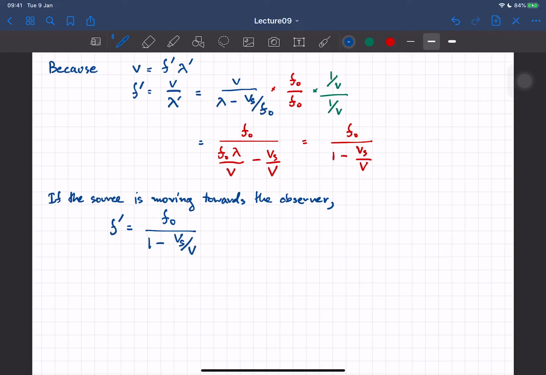Vs is the velocity of the source, so how fast the source is moving, and V is the speed of sound.